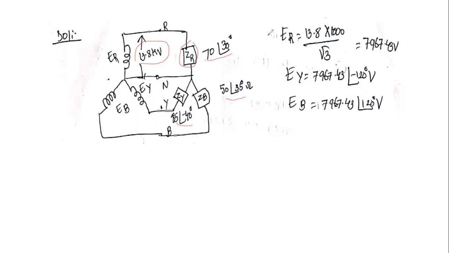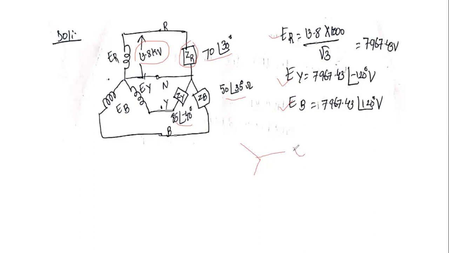Next we calculate the ER voltage, EY voltage and EB voltage. What is the ER voltage? ER is equal to 13.8 kilovolts, that is 13.8 times 1000, divided by root 3, that is 7967.43. Next, EY.